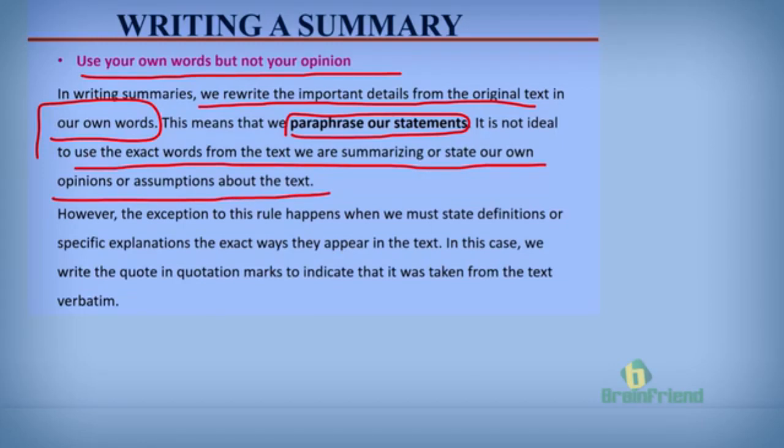However, the exception to this rule happens when we must state definitions or specific explanations the exact ways they appear in the text. In this case, we write the quote in quotation marks to indicate that it was taken from the text verbatim.